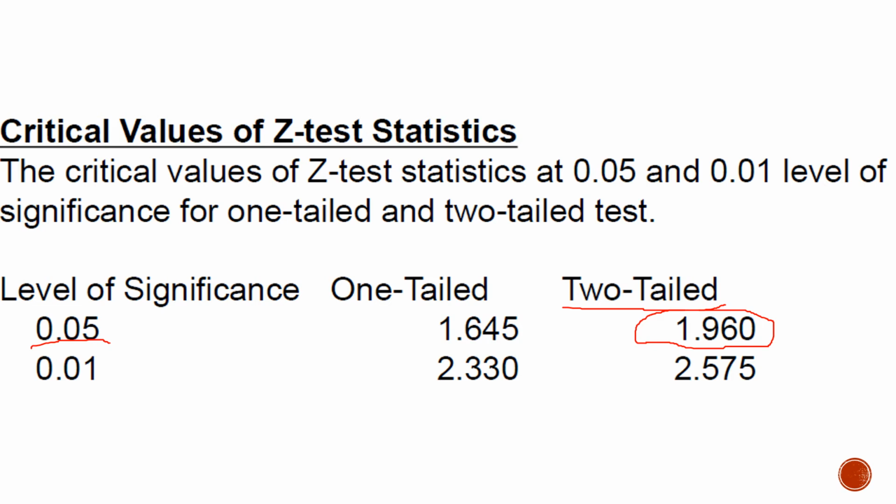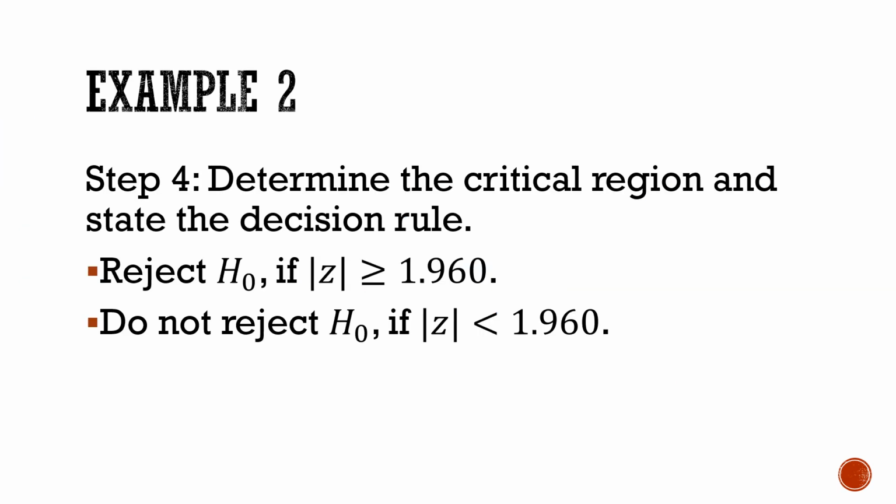We reject the null hypothesis if the absolute value of computed z is greater than or equal to 1.96, and we do not reject if it is less than 1.96.